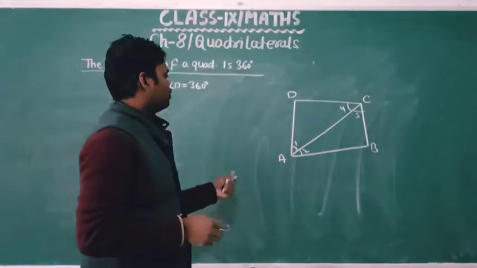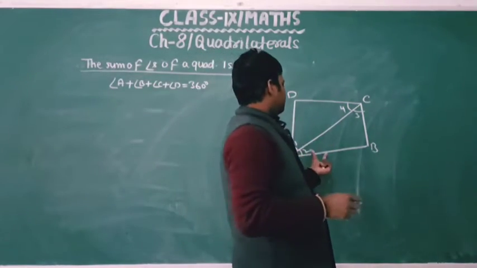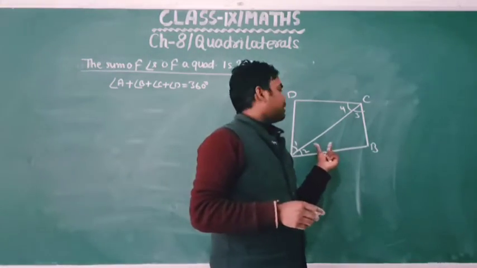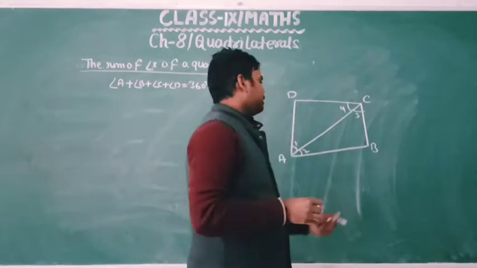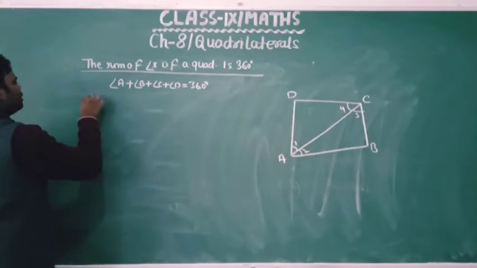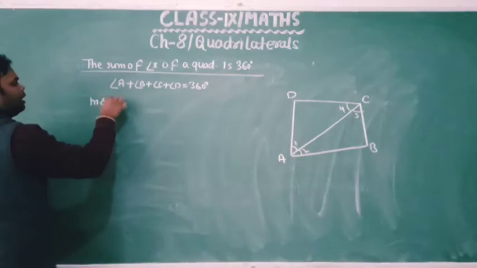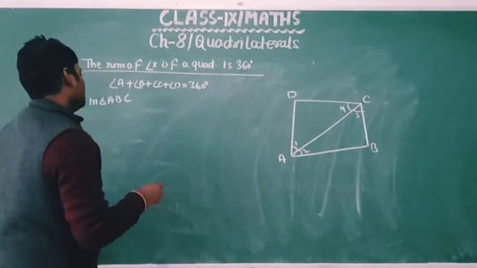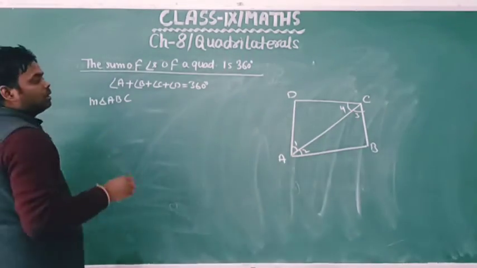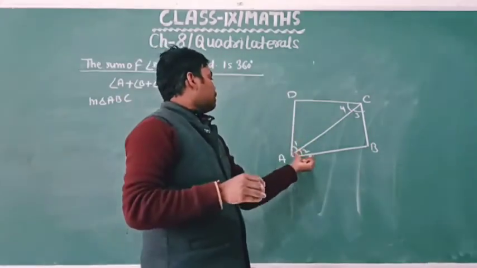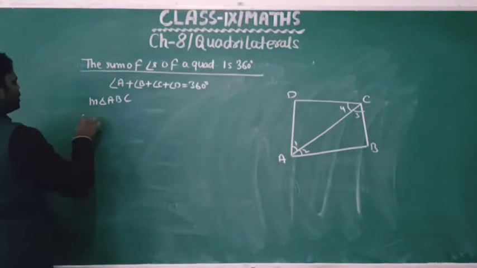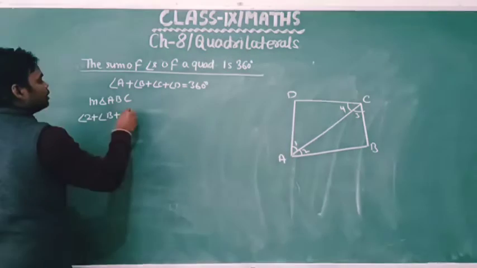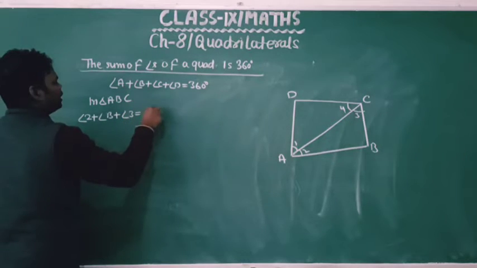So as we know, the sum of the angles of a triangle is 180 degrees. So in triangle ABC, the sum of the angles is 180 degrees, meaning angle 2 plus angle B plus angle 3 equals 180 degrees.